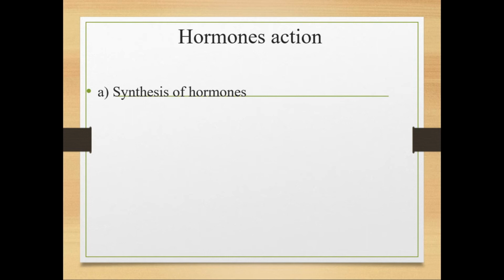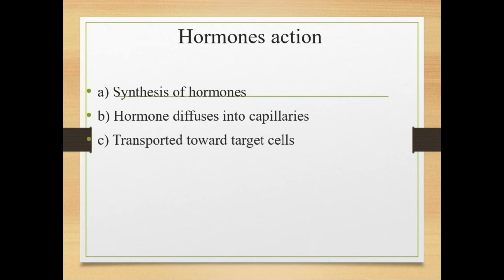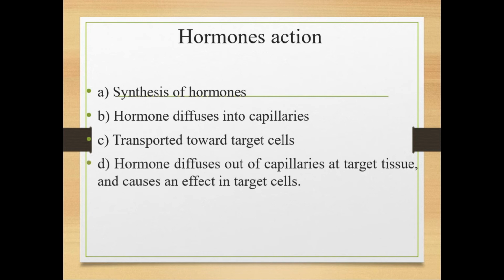Similarly, the thyroid gland releases thyroxine, the pancreas releases insulin and glucagon, etc. These hormones then diffuse into the capillaries of general blood circulation and are transported by blood towards muscles and other organs where they are needed. That is, they are transported towards their target cells. These hormones directly affect the target tissues.